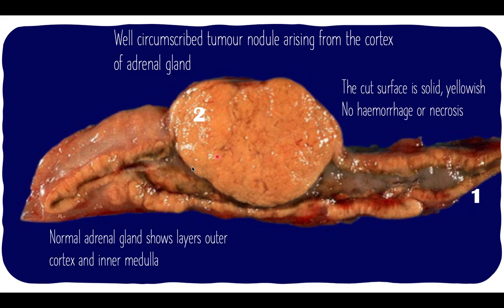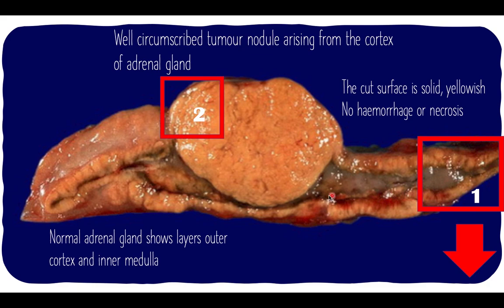There is a normal adrenal gland area showing layers of outer cortex as well as inner medulla. For histology, we take a section from the normal adrenal gland as well as from within the nodule together with its capsule.